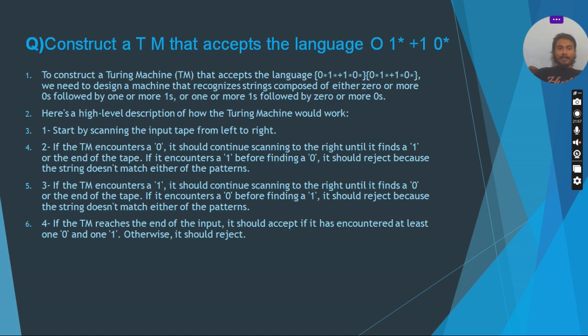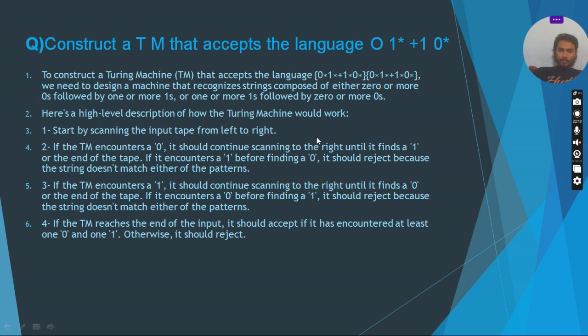Here is a high level description of how the machine works. First, we start by scanning the input tape from left to right. Second, if the Turing machine encounters a 0, it should continue scanning to the right until it finds a 1.